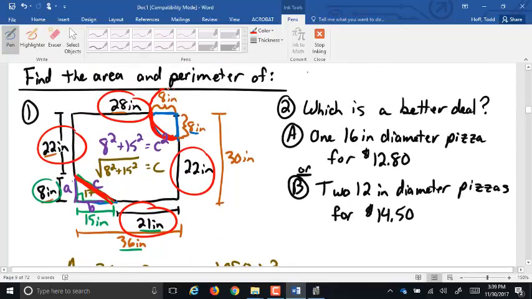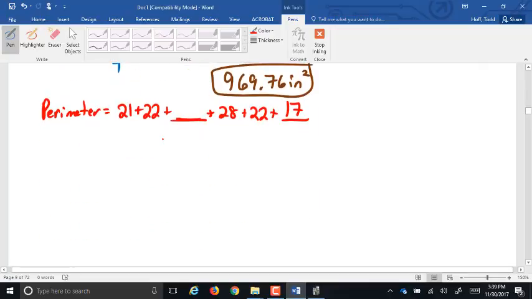Now I still need to find that quarter circle. To find that quarter circle, we think of it as being a full circle. The full circle would have a circumference of pi times diameter. Well, the radius is 8, so the diameter would be 16. That'd be 50.24. But since it's a quarter circle, we have to divide that by 4.